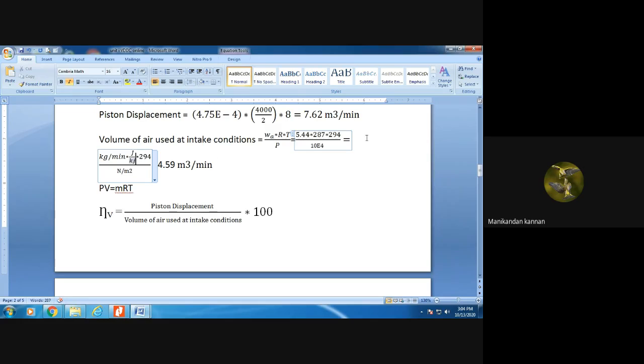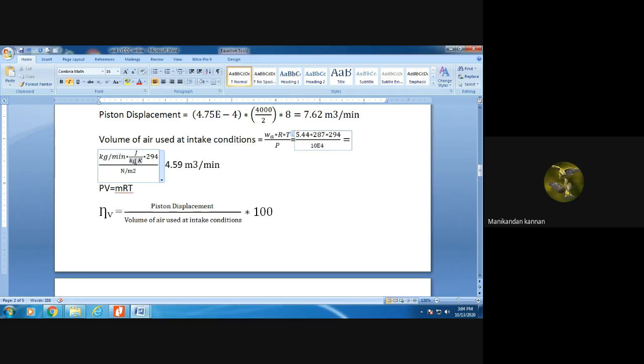It is similar to specific heat, joule per kilogram per Kelvin.